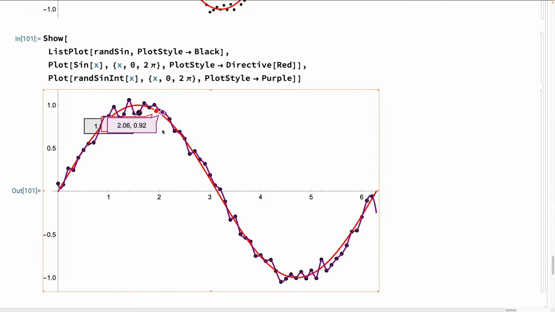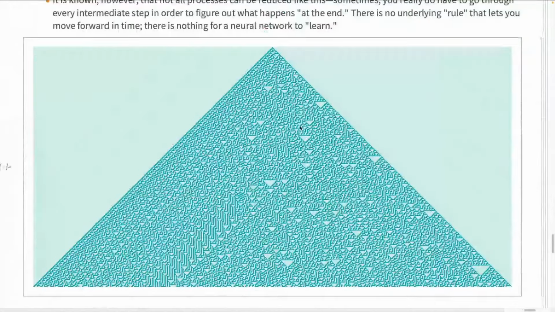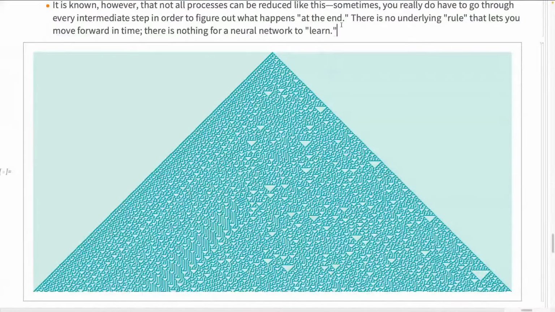And clearly this is bad and not what you want. So in the case of these computationally irreducible things, the network can't learn how to go from an input to an output, but if you give it enough parameters, it could learn to memorize the inputs to the outputs. So you have to be a little bit careful about that.